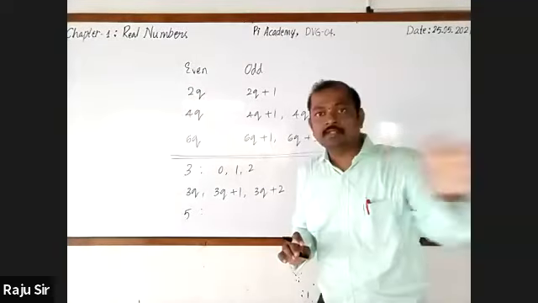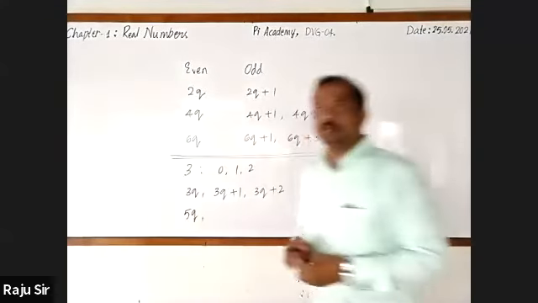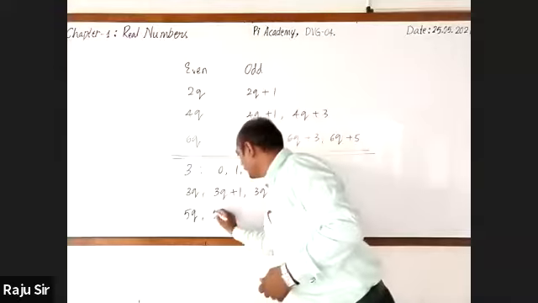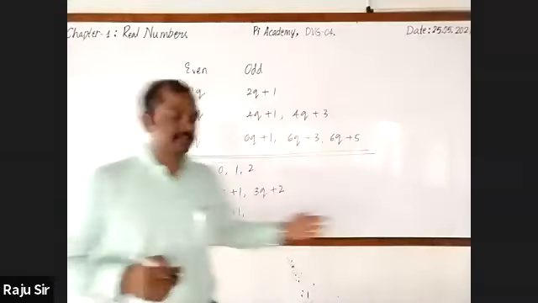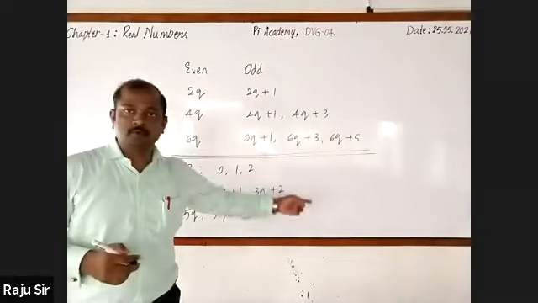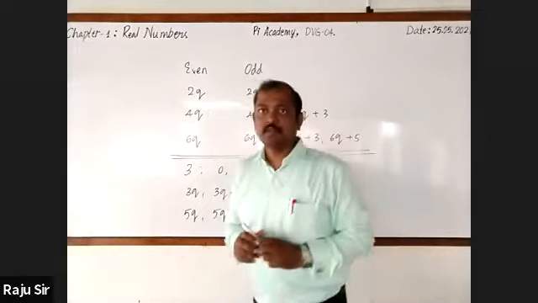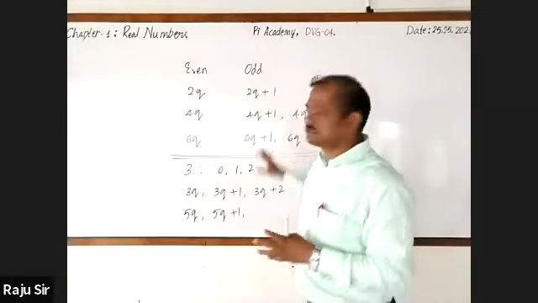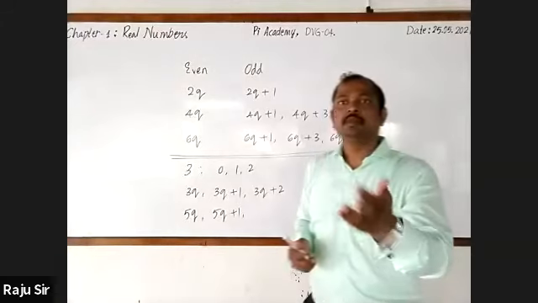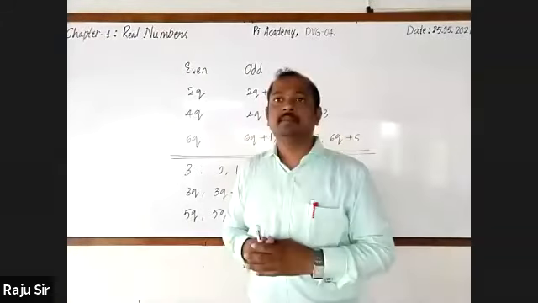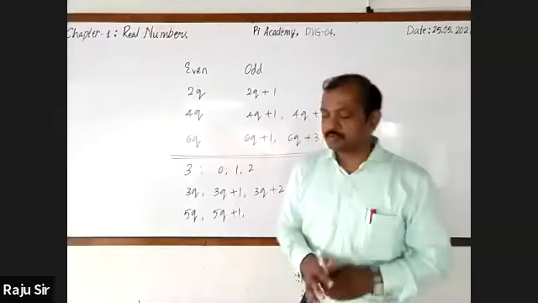Then the consecutive numbers will be 5q, 5q plus 1, 5q plus 2, 5q plus 3, 5q plus 4, right? So these are the possible ways. Keeping these in mind, let's solve some important problems which were given in the examination for 2 marks.